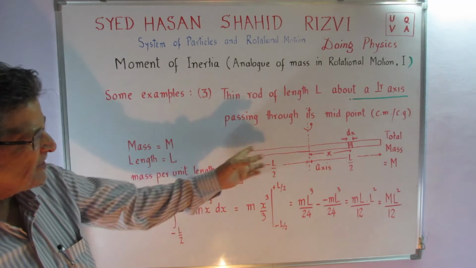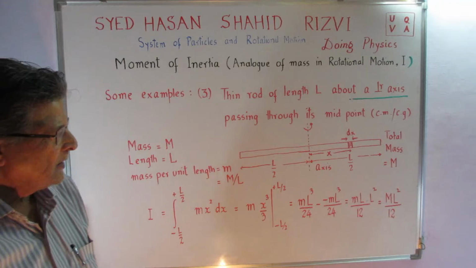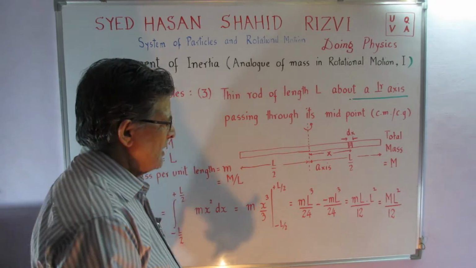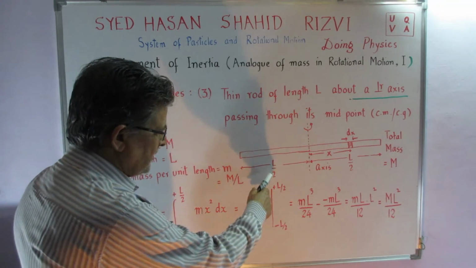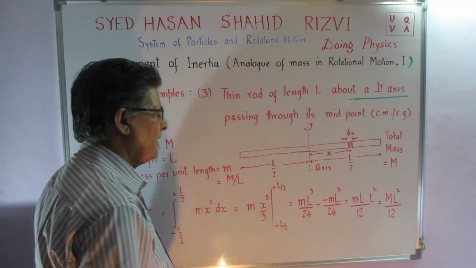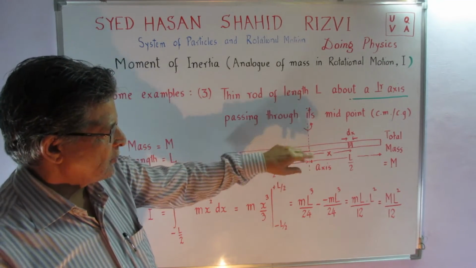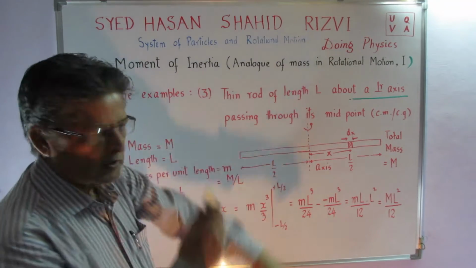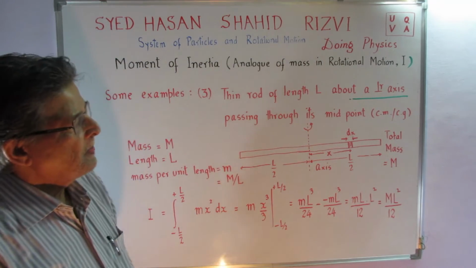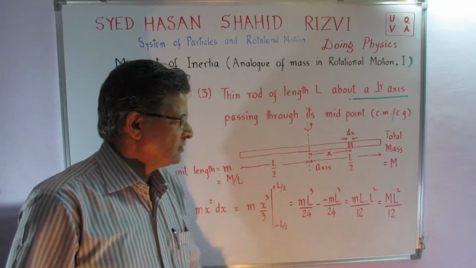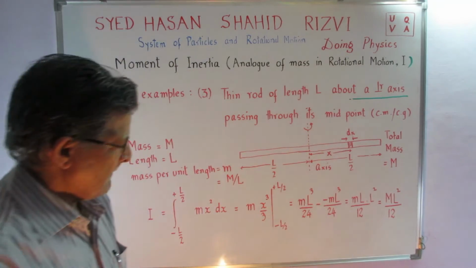So I have just sketched the rod of length L by 2 plus L by 2, with total length L, and through the center I have this axis about which it is rotating. The total mass is equal to m and the total length is equal to capital L.